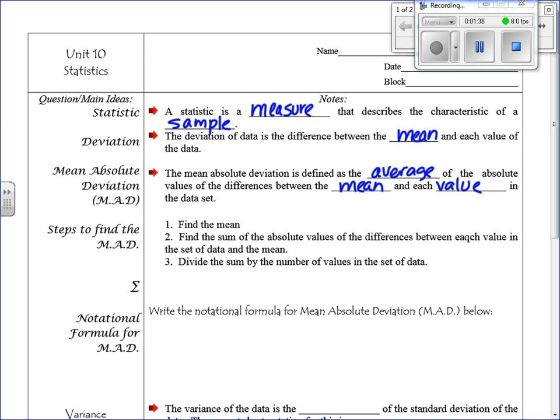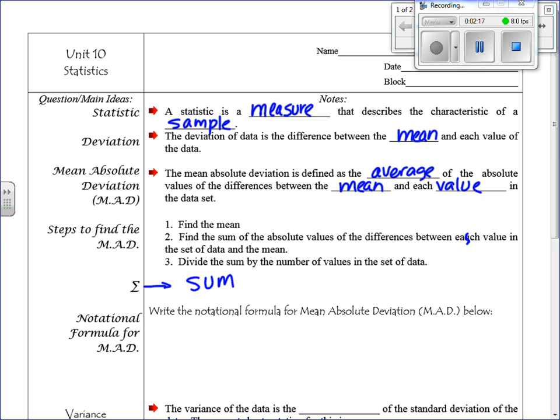So in order to find the mean absolute deviation, we would find the mean, find the sum of the absolute values of the differences, all right, we'll talk about that in a second, between each value in the set of data and the mean. Divide the sum by the number of values in the data set. Okay, so sum. This little symbol here, that means sum in math. You should see it on your formula sheet.